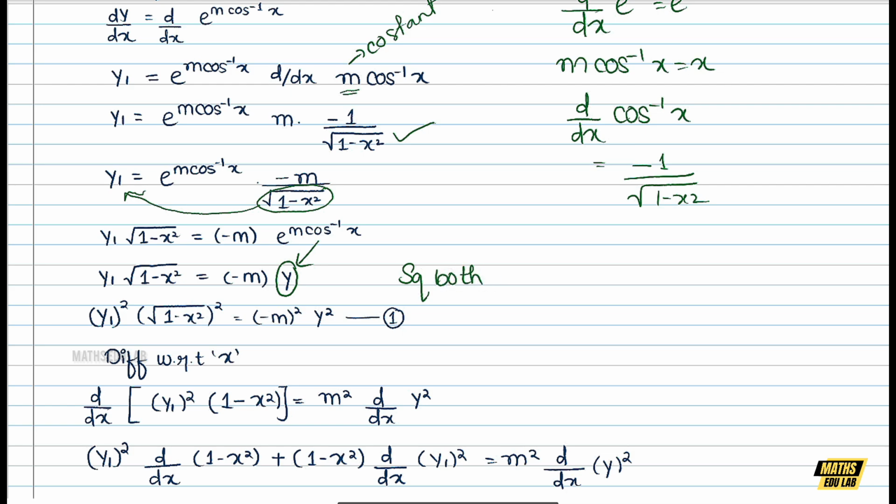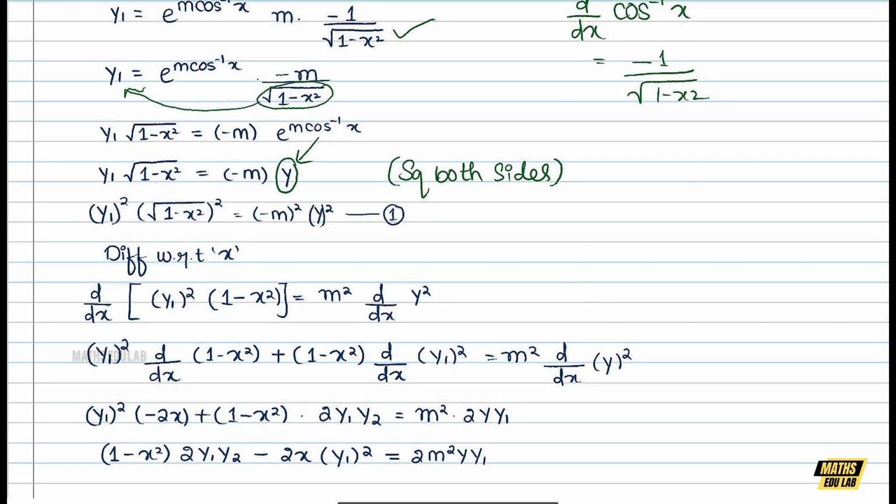If you do squaring on both sides, that means on the RHS as well as the LHS, you will get y1 whole square into root over 1 minus x square whole square is equals to minus m whole square y whole square. Okay, now this will be our first equation.